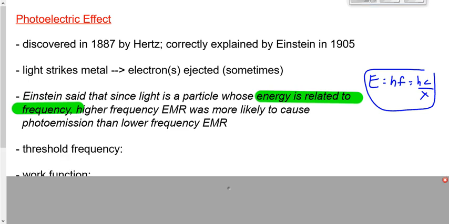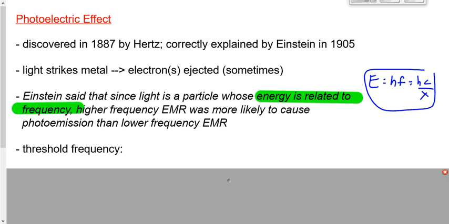That frequency above which electrons will be ejected, below which electrons won't be ejected, is called the threshold frequency. The symbol for threshold frequency is f0. It is the minimum EMR frequency necessary to eject electrons.